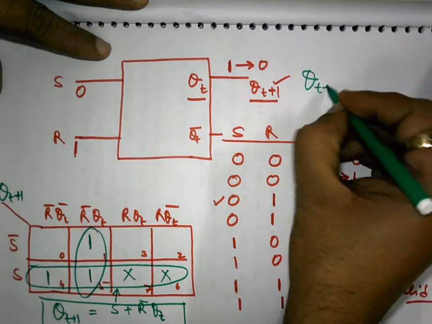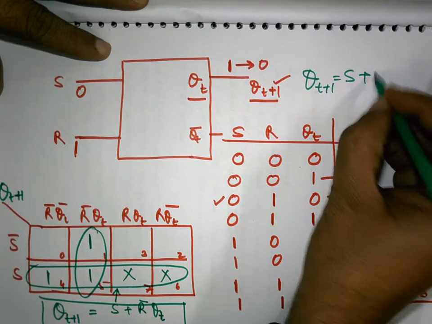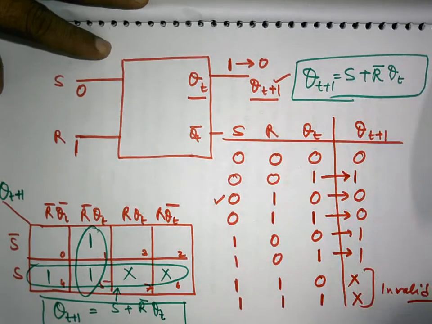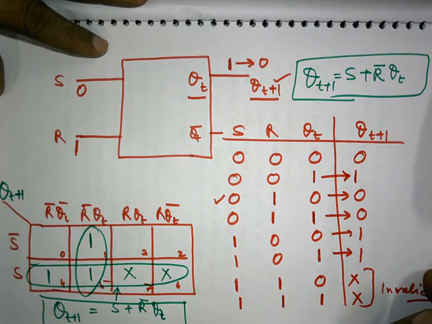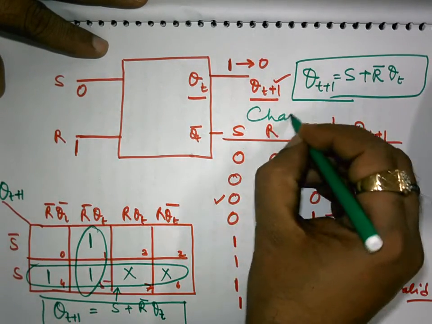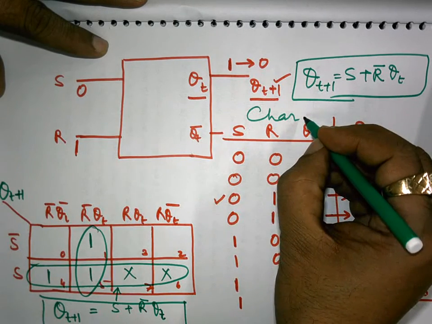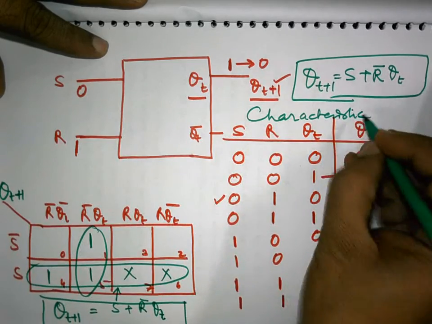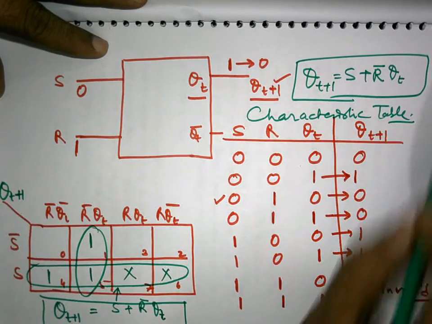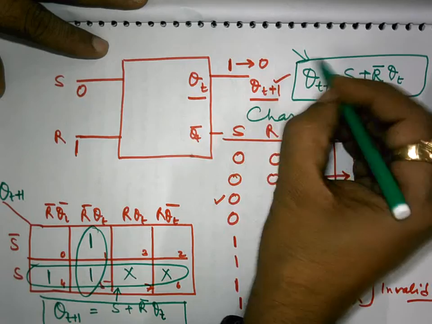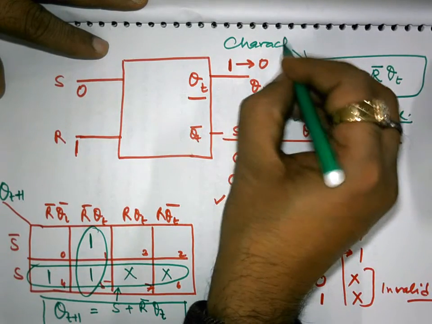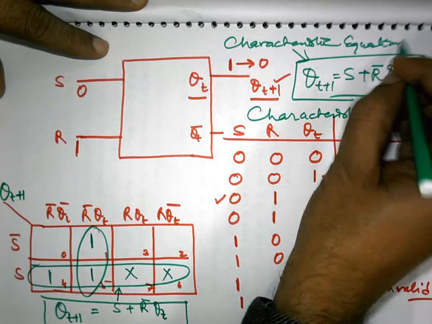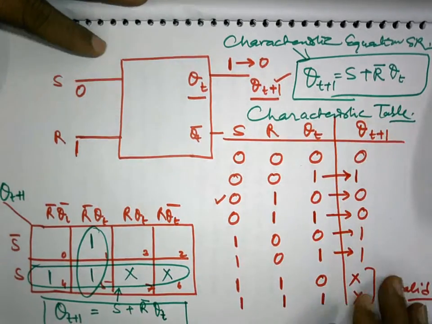Qt plus 1 is equal to S plus R bar Qt. This table is called the characteristic table for the SR flip-flop, and this equation is called the characteristic equation for the SR flip-flop. Getting my point?